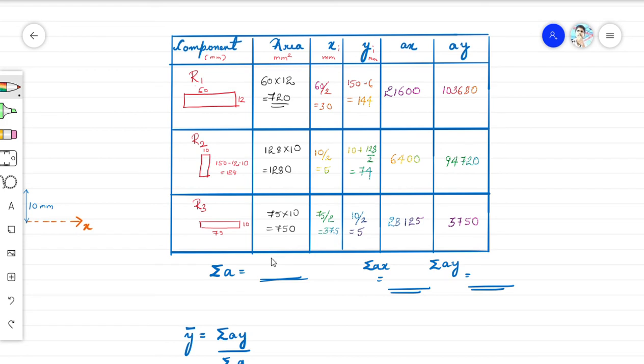When you add 720 plus 1280 plus 750, that gives you 2750. And summation of AX, that is 21600, 6400, 28125, gives you around 56125. And summation of AY, that is 103680, 94720 and 3750, gives you around 202150.